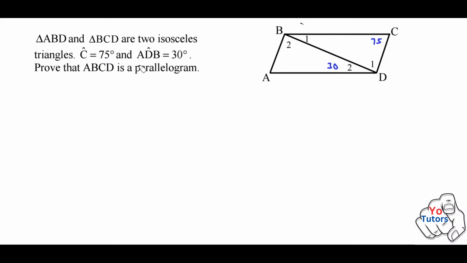Once we have one of the properties of a parallelogram, then we are good. Since we have got angles, maybe we have a high chance of proving that opposite angles are equal, or we are going to find that the sides are parallel. We don't know, but we will find out.